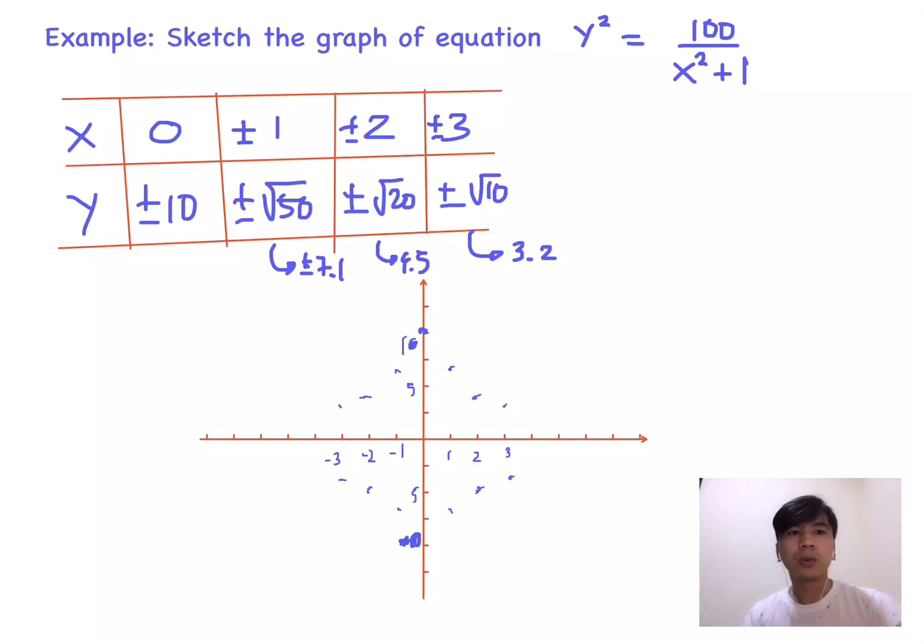Now when I plot it using a different color, it will be something like this.